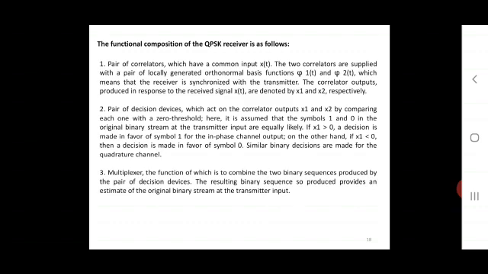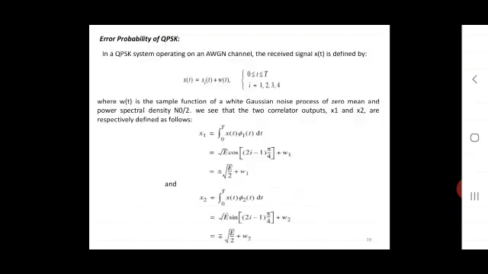These both should be similar, so then we can say the probability of error is 0. But based on this decision device, it may go on to detect ones and 0s wrongly. If the transmitted bit is 1, the decision device may consider it as a 0. These types of errors may occur, so we consider them in the error probability of QPSK. The error probability of binary PSK we have also studied already.